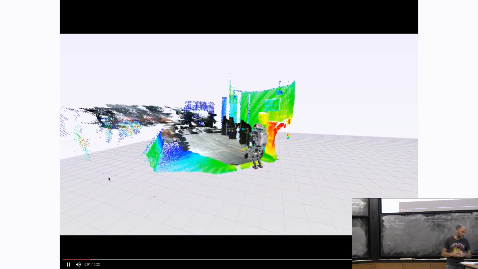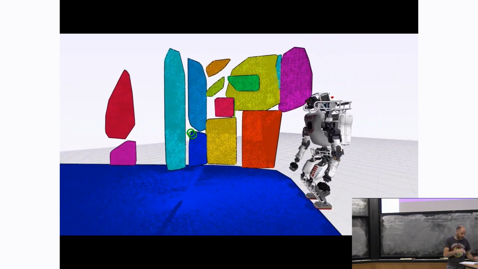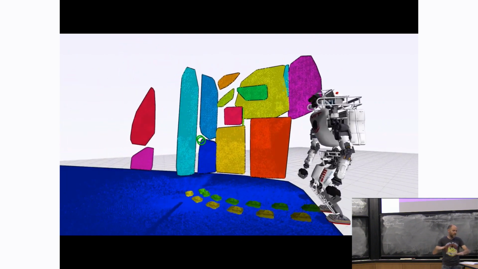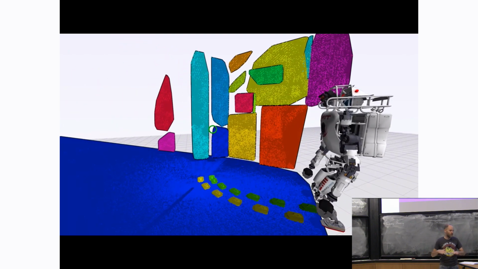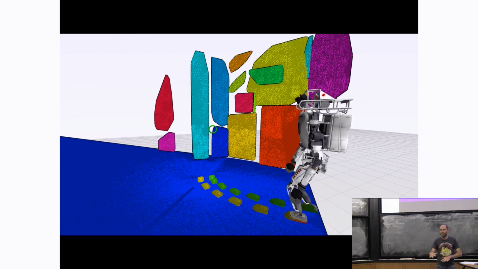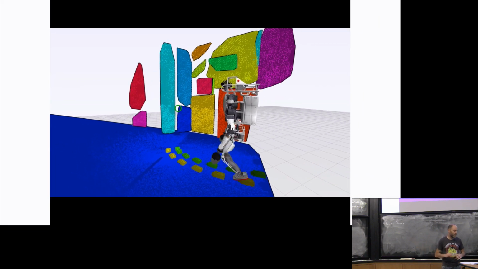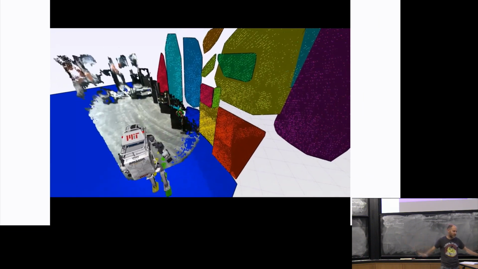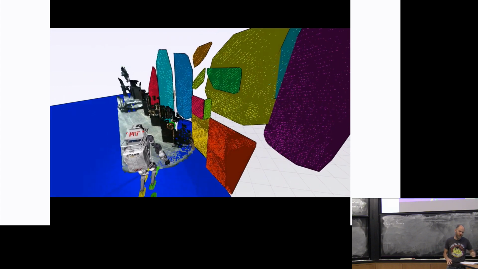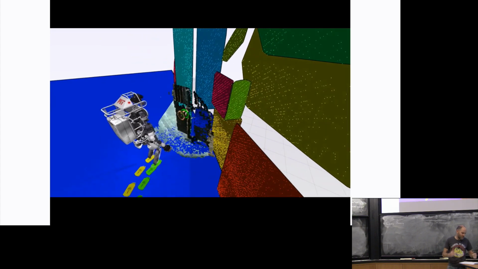So we had algorithms that were doing plane fitting, geometric reasoning about the world, and it would go through and segment the world into places where you might be able to step or touch, for instance. We didn't do any of the falling and touching the world in the competition, but this is what we wanted to be doing.